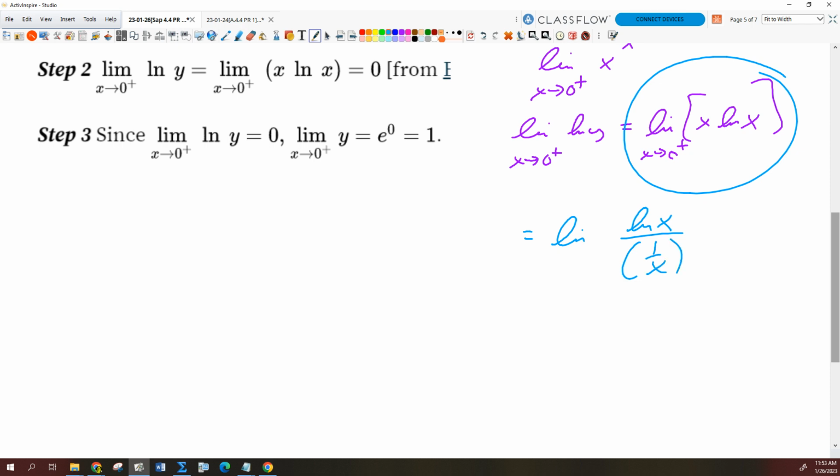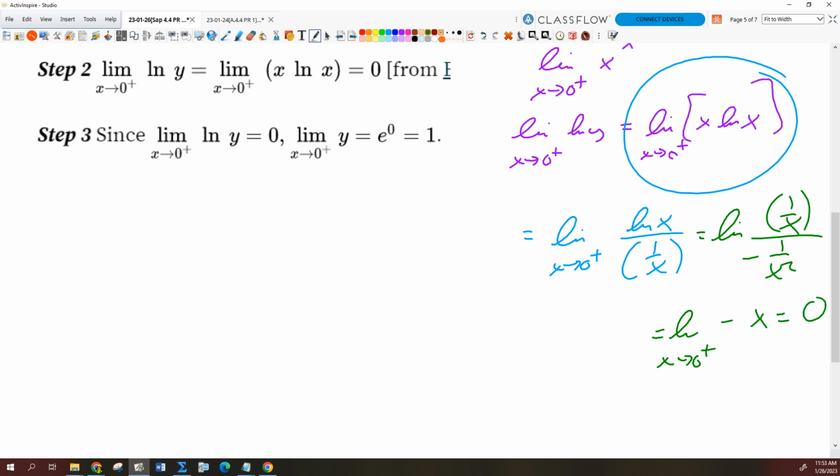So instead of being 0 times infinity, we've got something of the form infinity over infinity. We apply L'Hopital's rule. So this is equal to the limit of 1 over x divided by negative 1 over x squared. Well, that's just equal to the limit of negative x as x approaches 0 plus, which is 0.